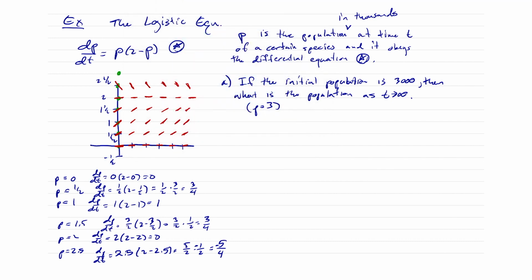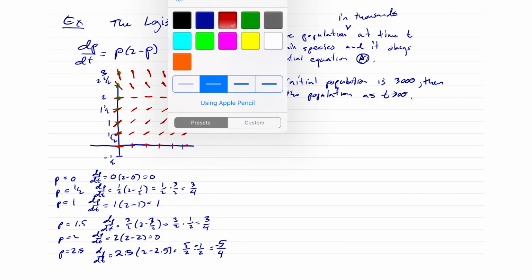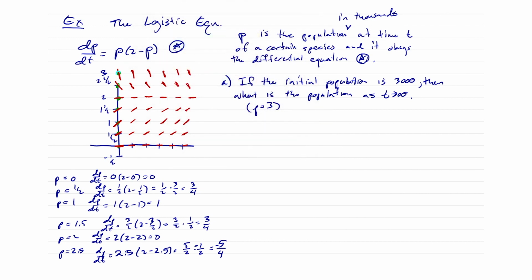So if I put it here at 3, then we see that we're going to have, again, a negative slope. It's going to be 3 times 2 minus 3, so it's going to be negative 3. So it's going to be really, really steep. Let's put something like that. All right, so now we can make a judgment of what happens. Essentially, if we start here and we play, we're basically going to decay down to 2,000.